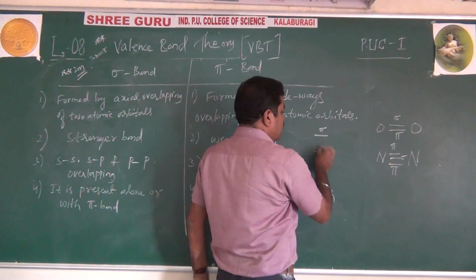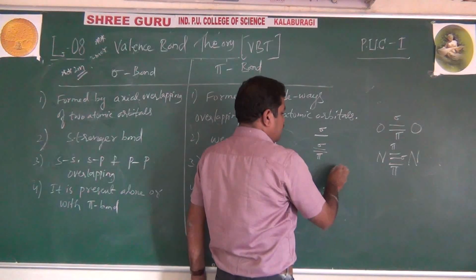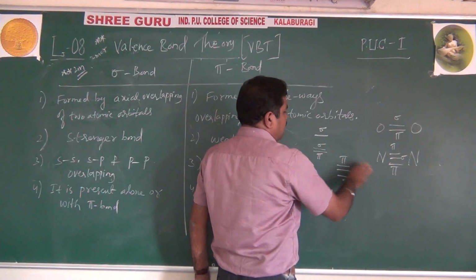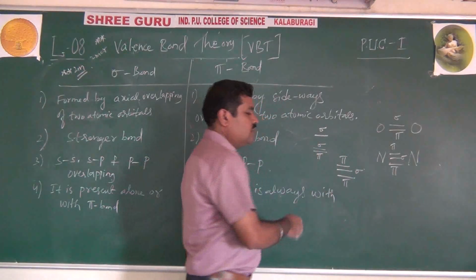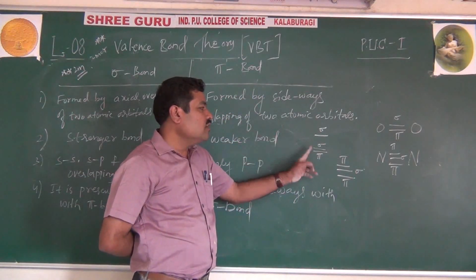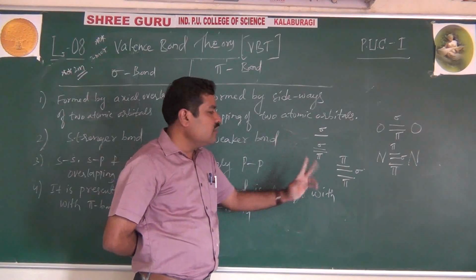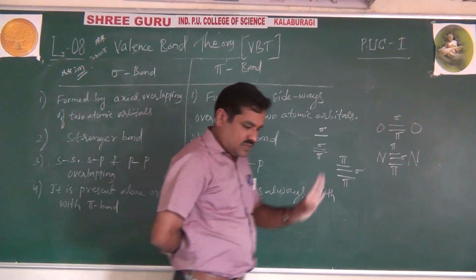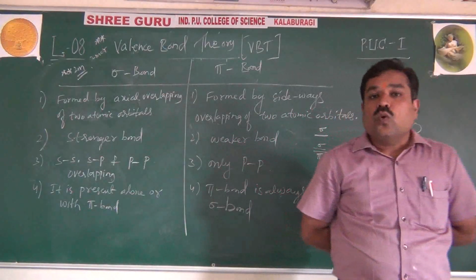If it is a double bond, 1 sigma, 1 pi. If it is a triple bond, 2 pi, 1 sigma. Alkanes, alkenes, alkynes. Even in hydrocarbons, alkanes always sigma, single bond. Double bond, 1 sigma, 1 pi guaranteed. And triple bond, 2 pi, 1 sigma. So this information you should compulsorily know.